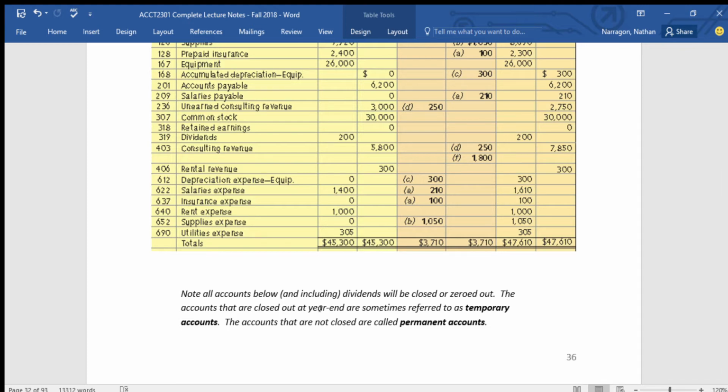These accounts are only there for the year that we're questioning, so for the fiscal year. The accounts that are not closed out are permanent accounts. So, if ever you hear temporary, just think of dividends, revenue, expenses. If you ever hear permanent, think of your assets, liabilities, and equity accounts.